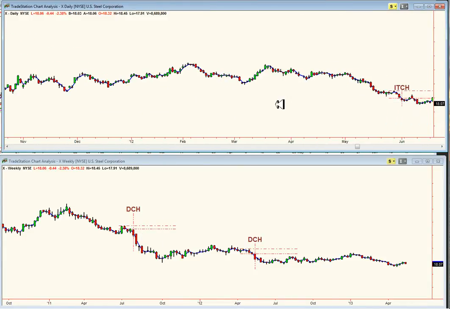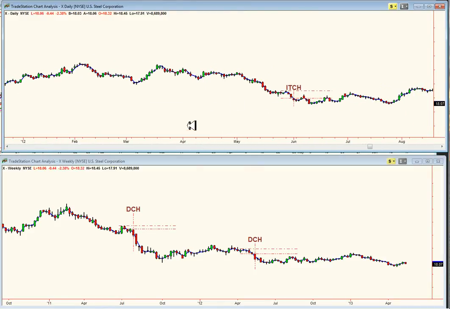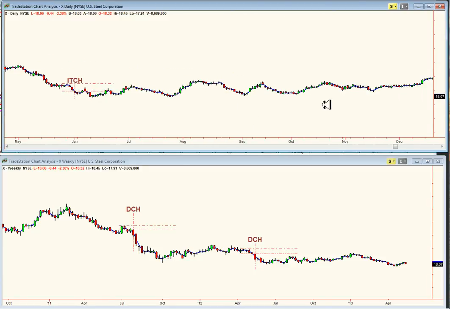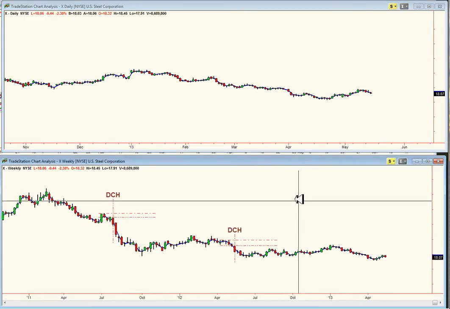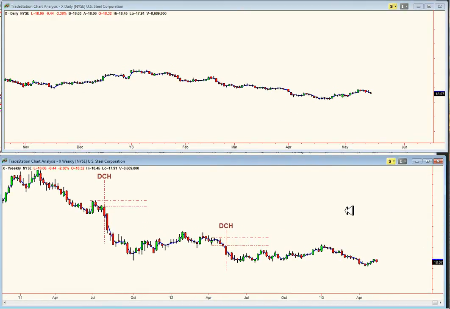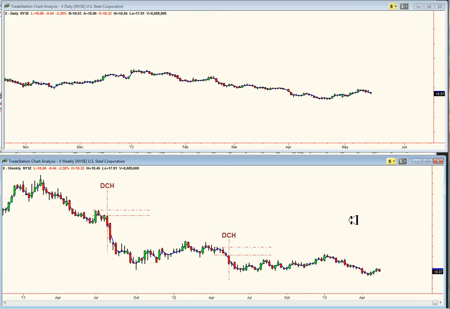Then you can see another one in April. Started to break down on the daily chart, gave us another down trade. That's a DCH on a bearish stock.